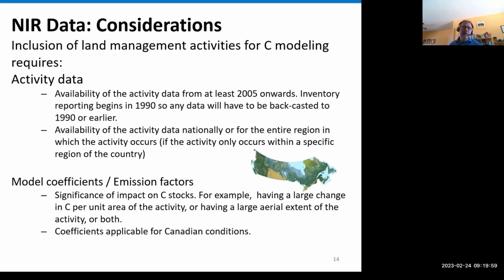The other consideration, to add practices to this, we have to have an emissions factor. We need to know the significance of that practice change on carbon stocks or on other emissions, nitrous oxide or methane. So what is the result of implementing that across the country at the rate that it has been adopted?